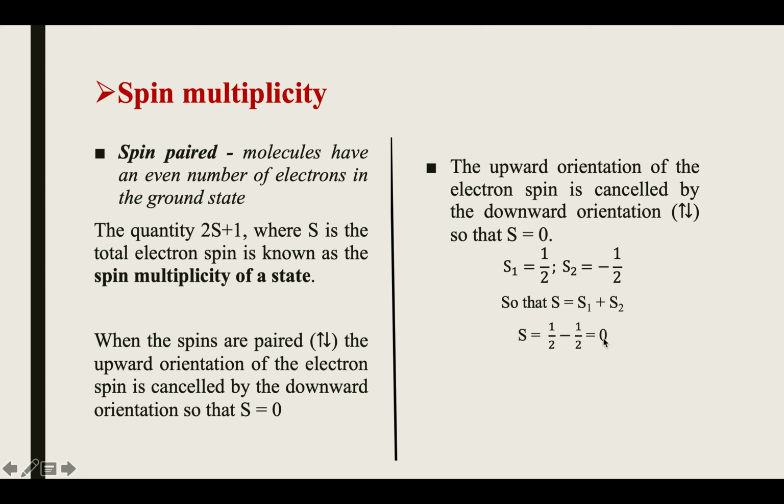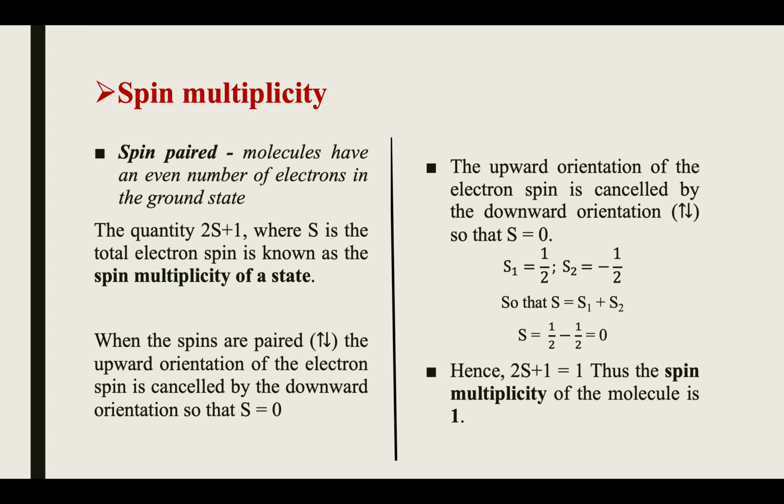That's how they calculate the spin state. Hence 2S plus 1 equals 1. Because our spin state S is equal to 0, the spin multiplicity of the given state will be 1.